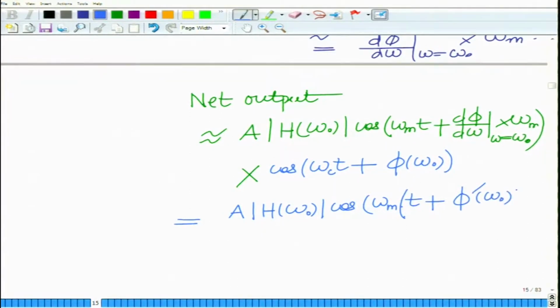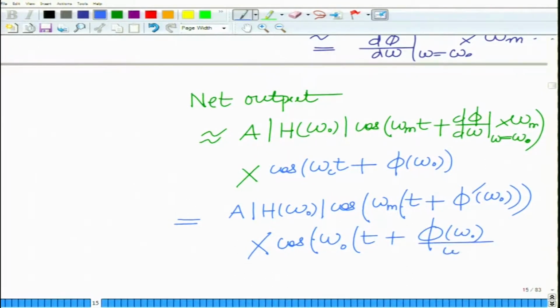phi prime omega naught times cosine omega naught t plus phi of omega naught divided by omega naught.